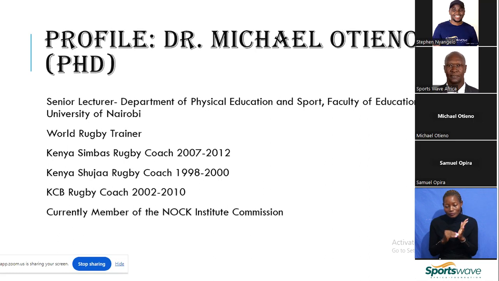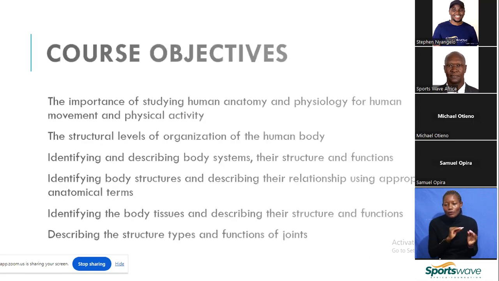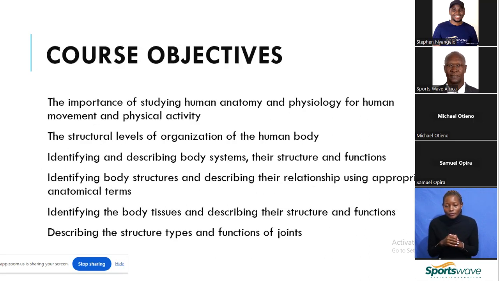So straight away we move to the course objectives. We will first of all start by just looking at the importance of studying anatomy and physiology for human movement. What relevance does it have to our sports?